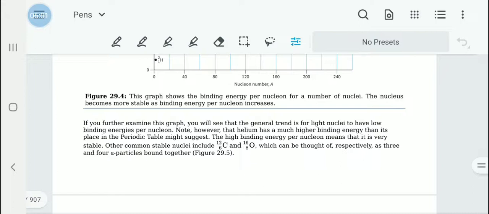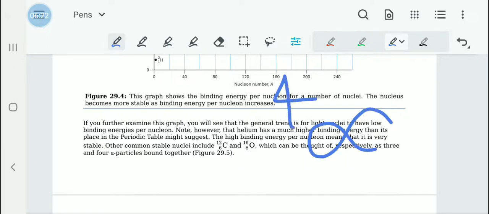Carbon-12 and oxygen-16 are highly stable, and they can be thought of as 3 and 4 alpha particles bound together. Alpha is helium-4, charge 2.